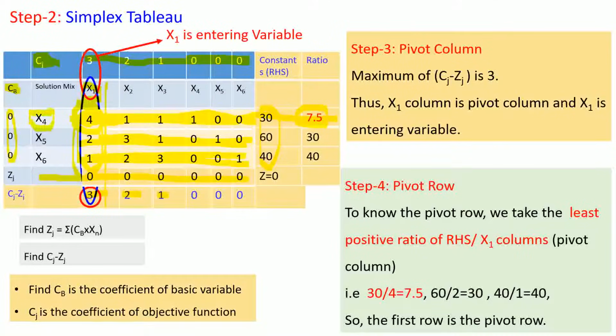So we have to omit X4 and replace X4 by X1, and the coefficient of the basic variable will be 3 because the coefficient of X1 is 3. So we put X1 instead of X4, and we put 3 instead of 0.